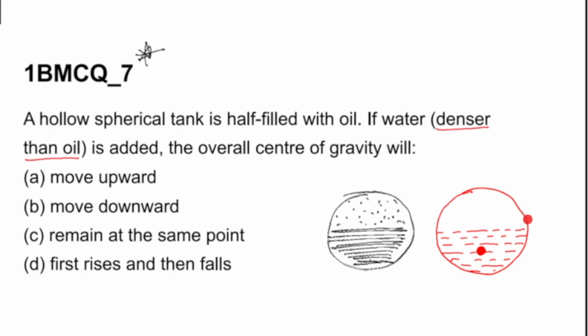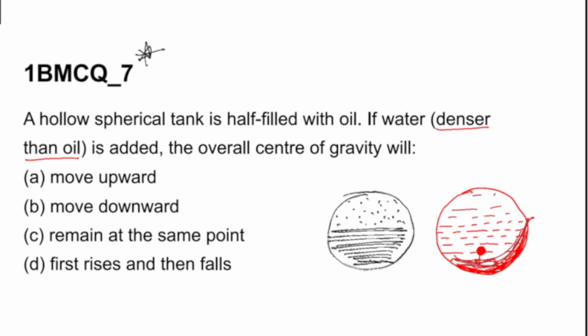Now we are adding water. It is denser than oil. So if we pour water, it will go down, right? But in this case, because we are dealing with liquids, the oil will rise up, right? But more mass, the denser thing, is coming down. So the center of gravity will fall down as we are pouring water.